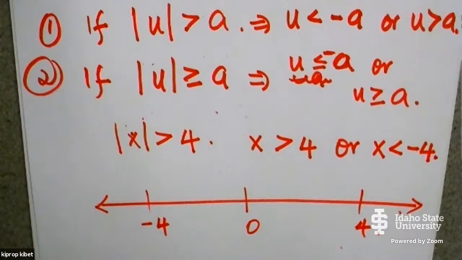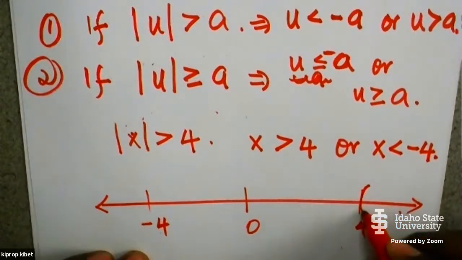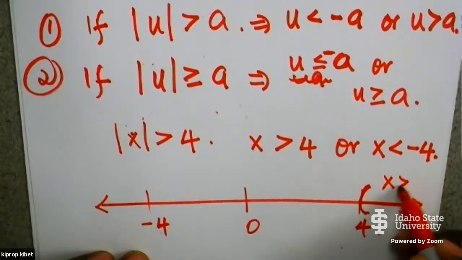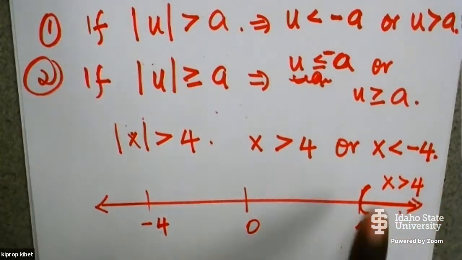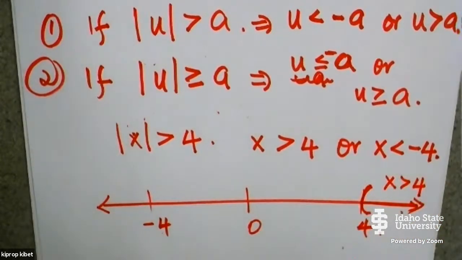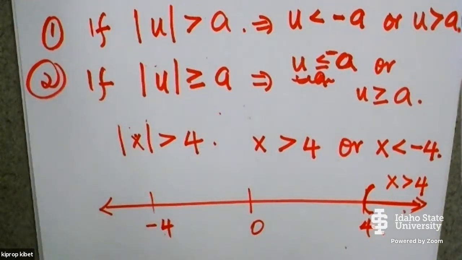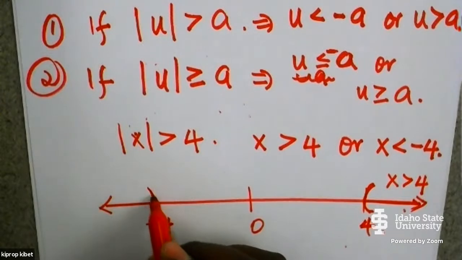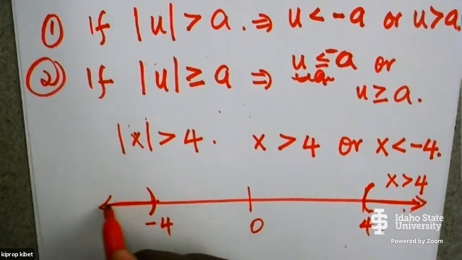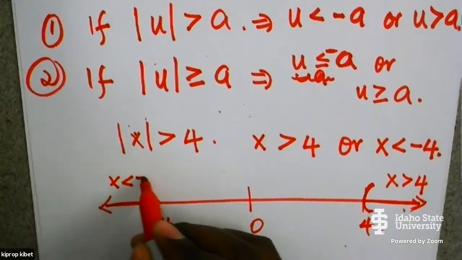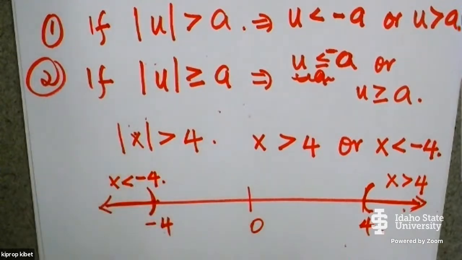These are the values, and this one is open, right? So this is x greater than 4. And x less than minus 4 goes towards the other side. So this is x less than minus 4.